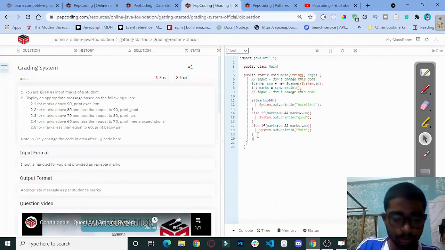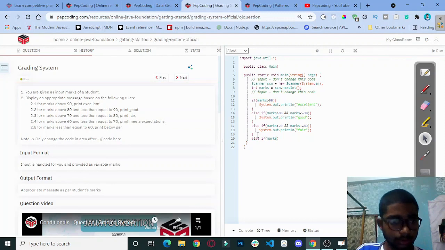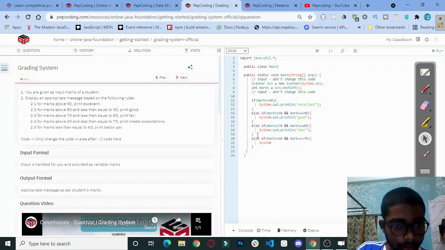Go to the next line. Else if marks is above 60 and marks is less than or equal to 70, then print the value meets expectation.